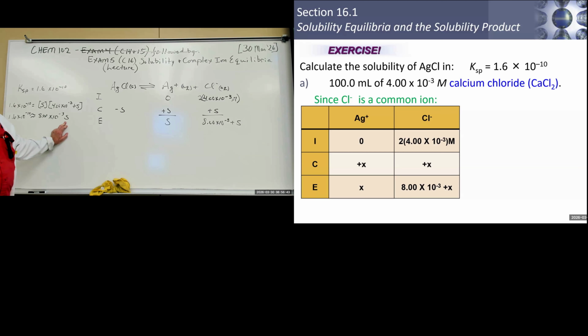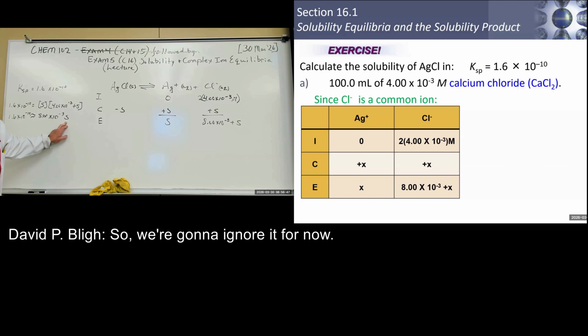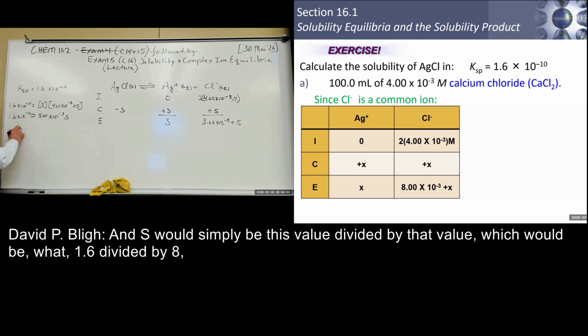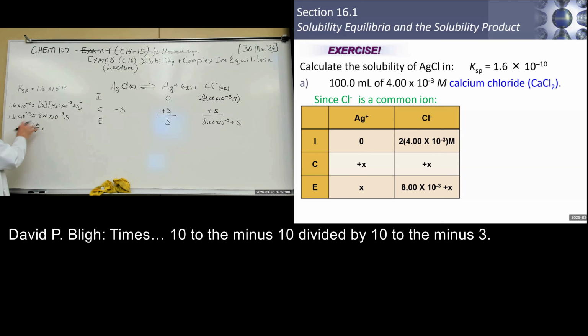It's going to be even lower with a common ion. So we're going to ignore it for now and solve for S. And S would simply be this value divided by that value, which would be what, 1.6 divided by 8 times 10 to the minus 10 divided by 10 to the minus 3.